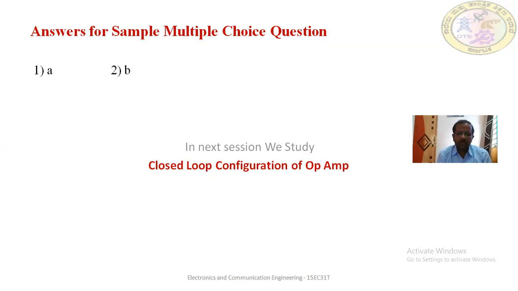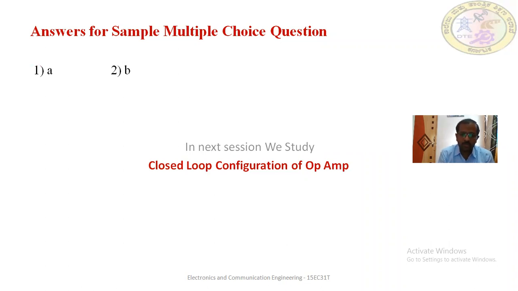You already know what the open loop configuration is. Open loop configuration is the one in which there is no feedback; the output and the input are not connected with an external connection. That itself is called an open loop configuration.